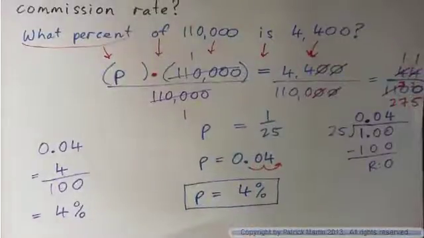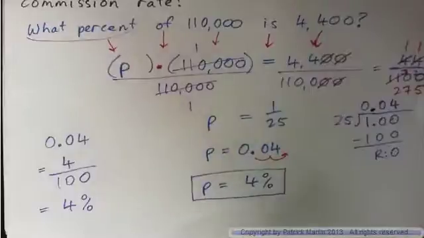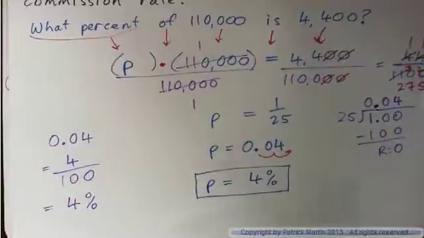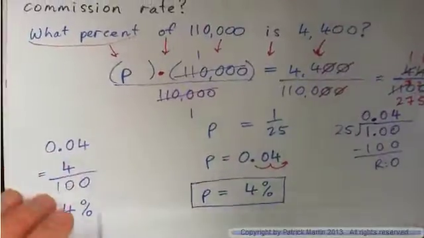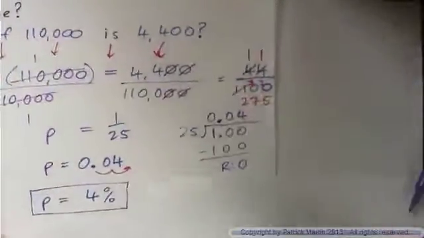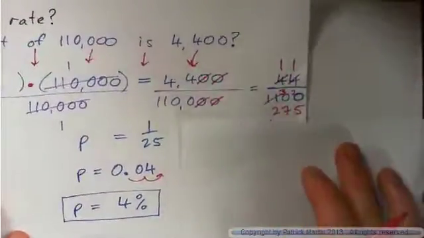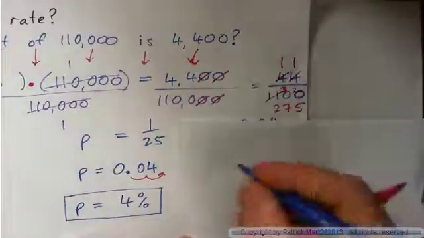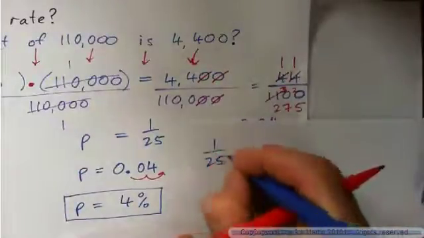And one other thing I want to show you, a little trick, is that when P was 1 over 25, instead of doing the long division, we could have done this. You don't have to use this if you don't want to.